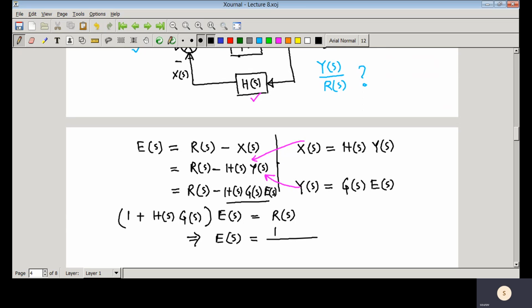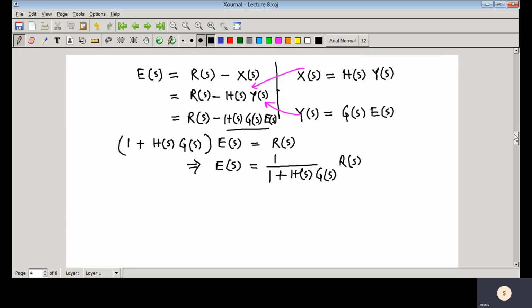So E(s) equals 1 plus H(s) G(s) into R(s). Then what is your Y(s)? You can see here that Y(s) equals G(s) into E(s).